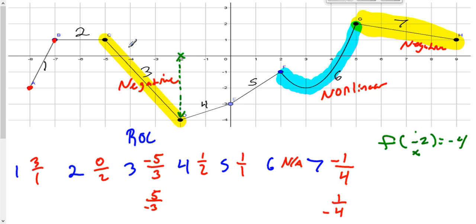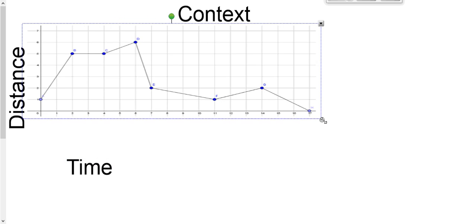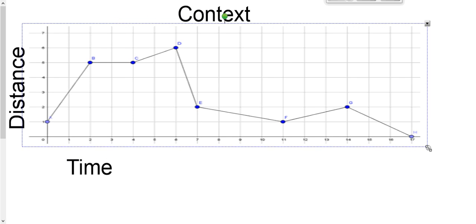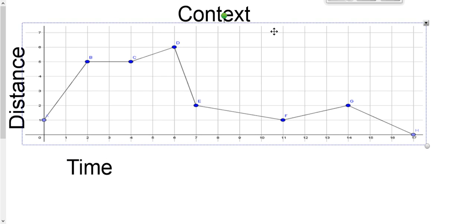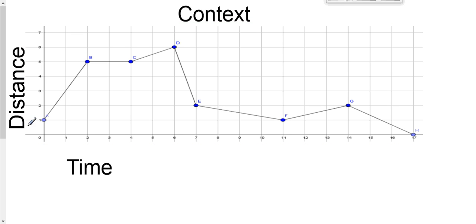Last thing we're going to talk about is context within these problems. So this graph I have right here can actually convey a story based on the units, distance and time. If we start right here, our starting point, I'm going to start with one unit of distance.